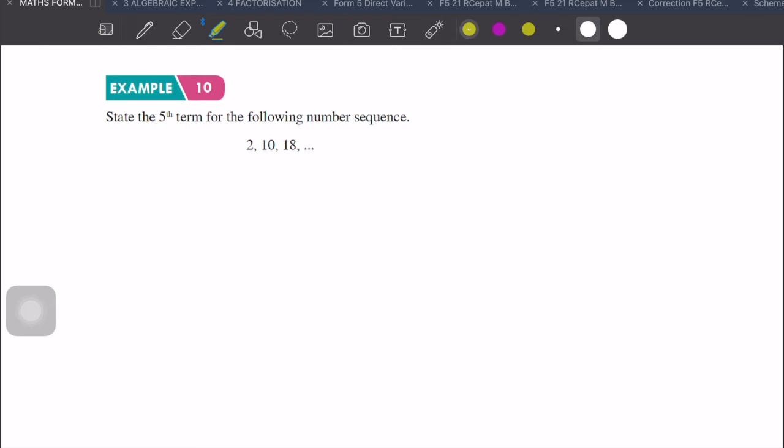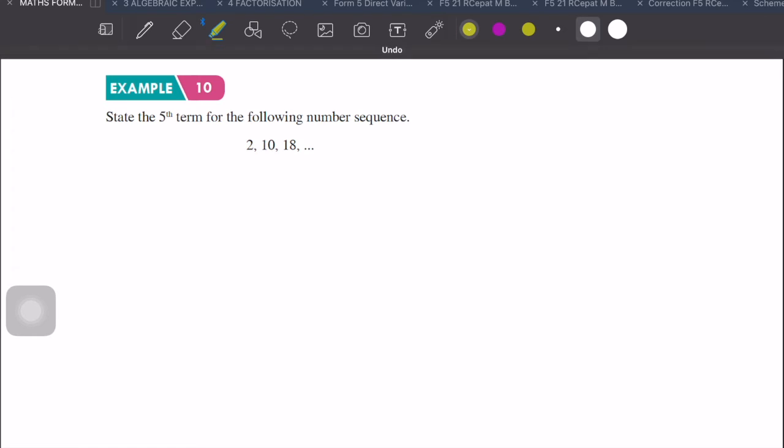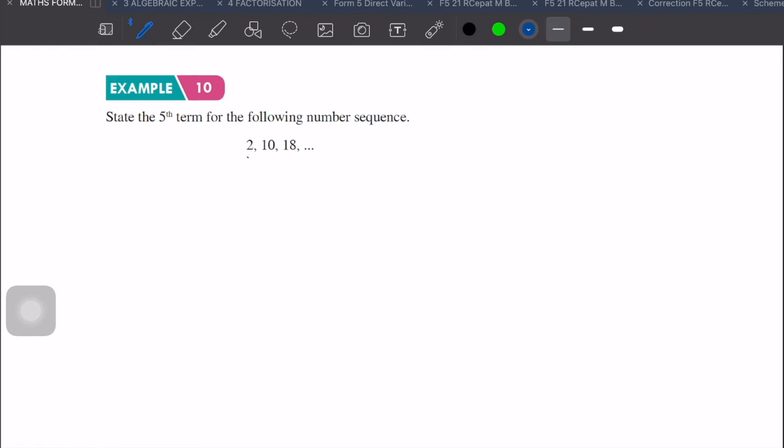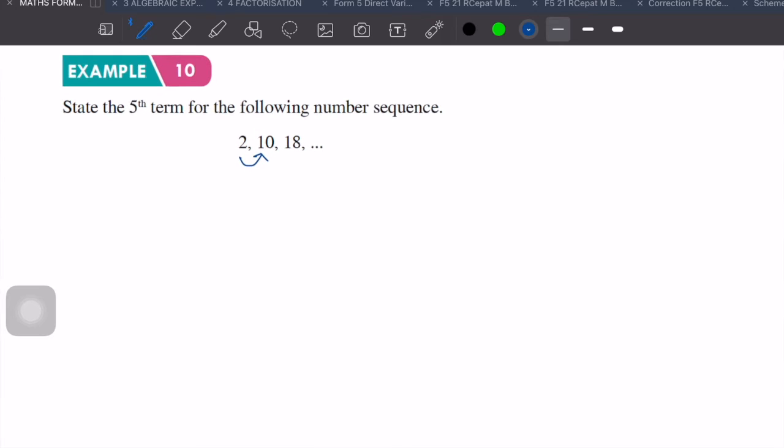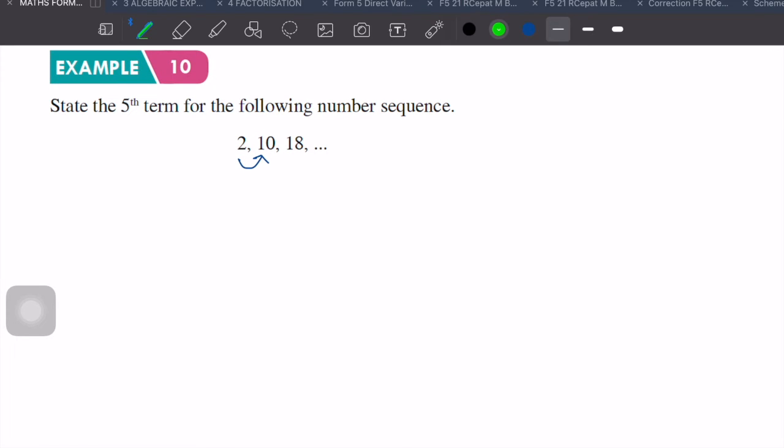You know from 2 how to get 10: 2 plus 8, you will get 10, and 10 plus another 8, you will get 18. So in order to get the next number, you must add 8 to the previous one.